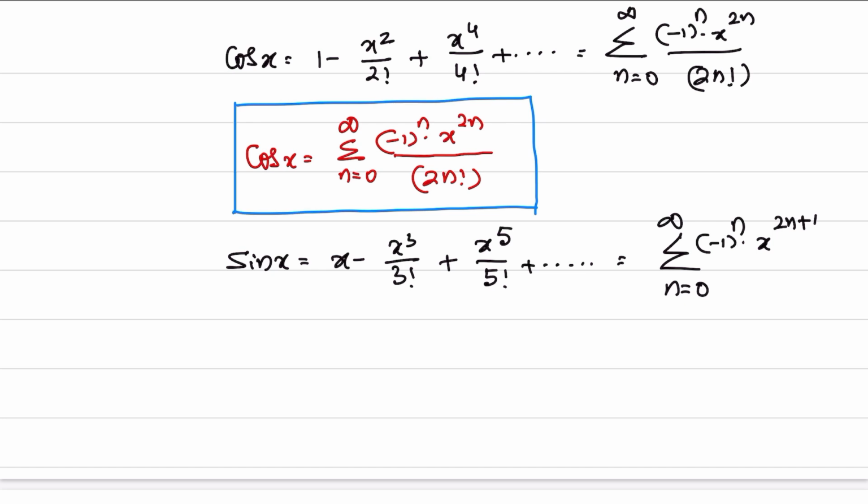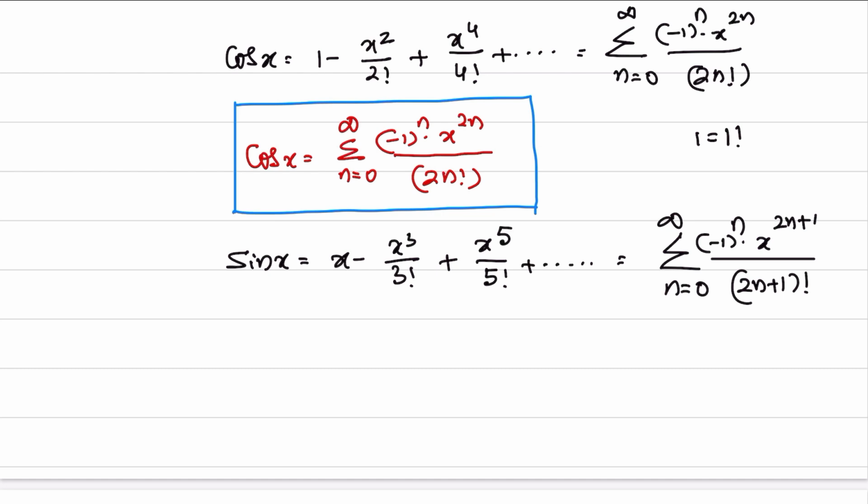so that x to the power of 2n plus 1 form, and divided by, what is the factorial? When n is equal to 0, it is factorial 1. Then we can write it as 2n plus 1 factorial. 3 is 2 into 1 plus 1, that is 2n plus 1.